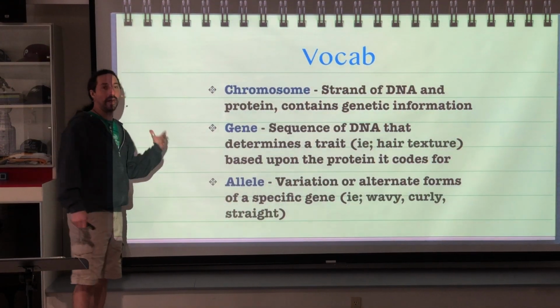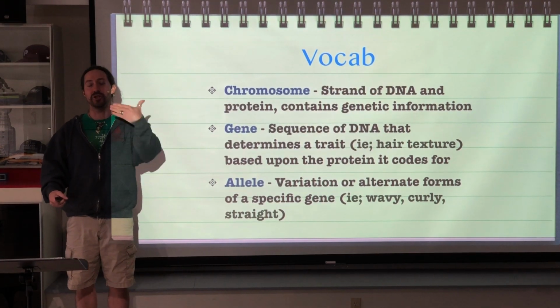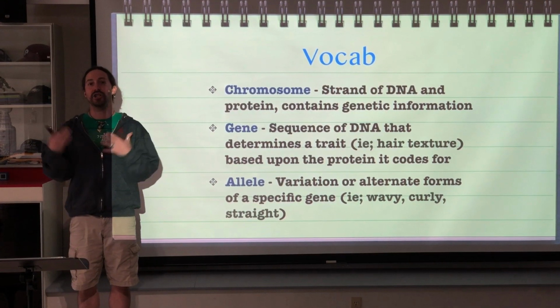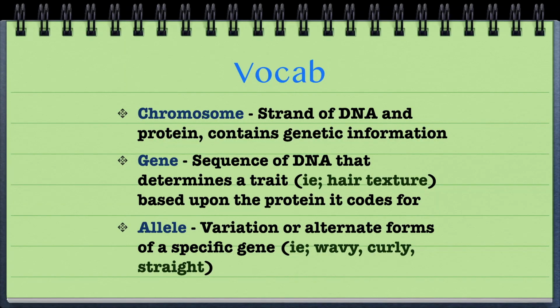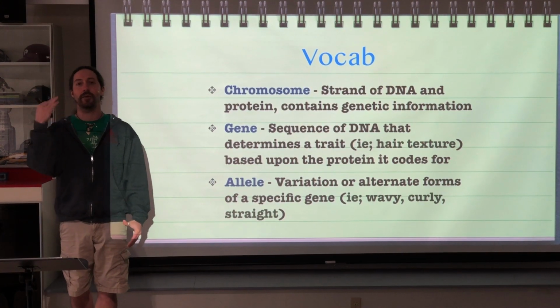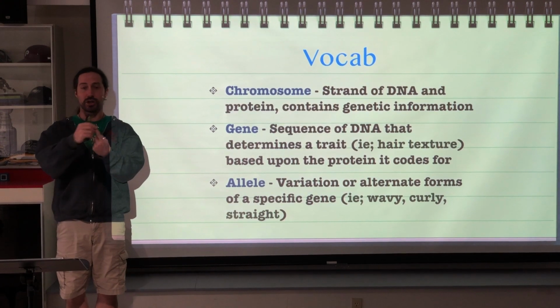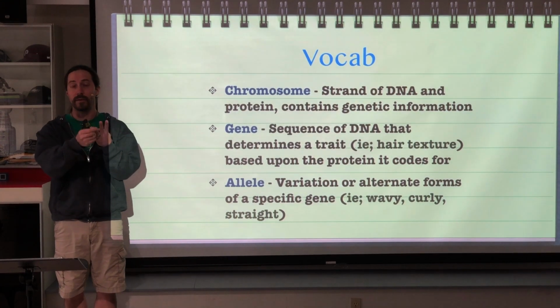And then you have alleles. Alleles are the variations of each gene. So a gene might control a specific trait, but there might be a lot of different variations of that trait, and each variation is called an allele. In other words, if we were looking at a gene for hair texture, it could be that we have 3 different alleles: straight hair, curly hair, or wavy hair.